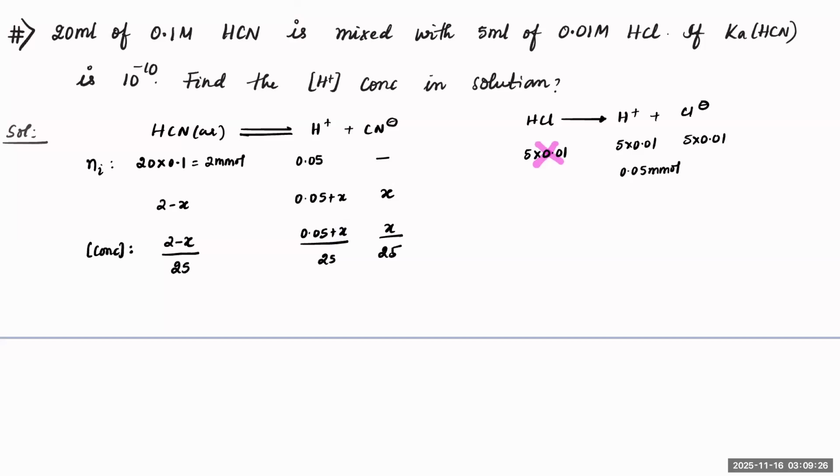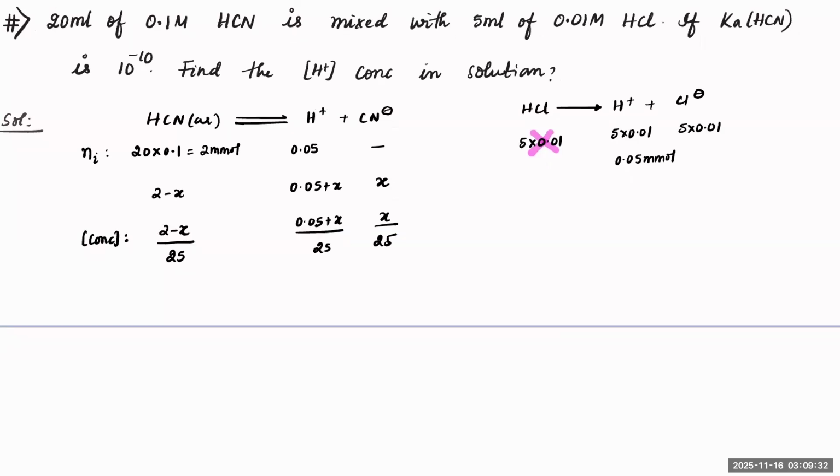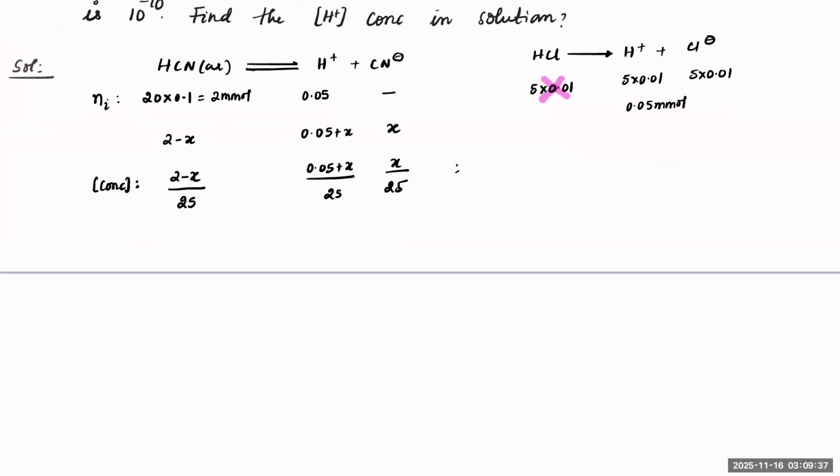So how much will be the leftover now? Therefore, you will have this as Ka value. I mean, this X can be ignored here. So X is way smaller than 0.05.